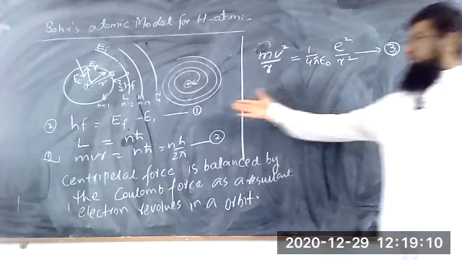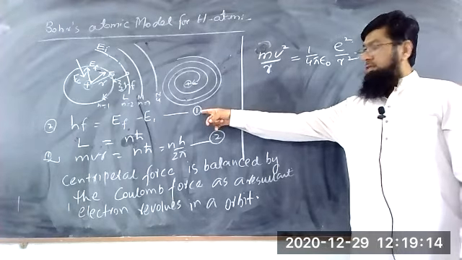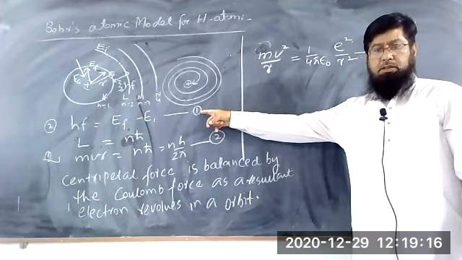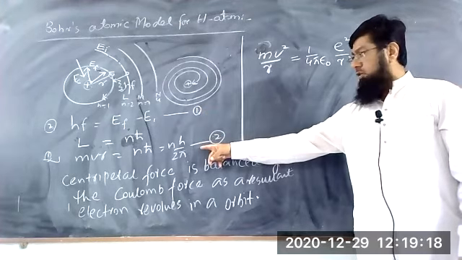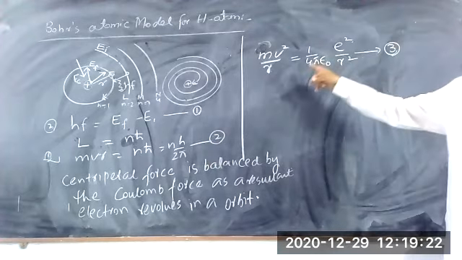So now we have 3 equations. This is equation number 1, which gives the energy of photon is equal to energy difference of two states. This is equation number 2, angular momentum is quantized. This is equation number 3.